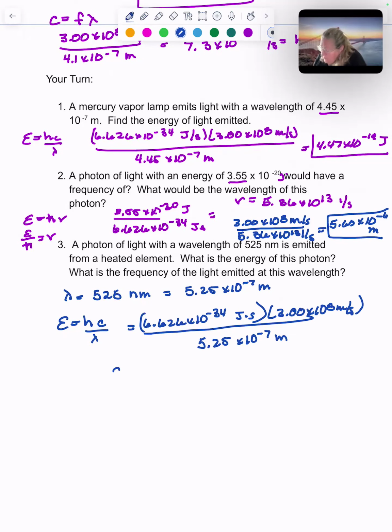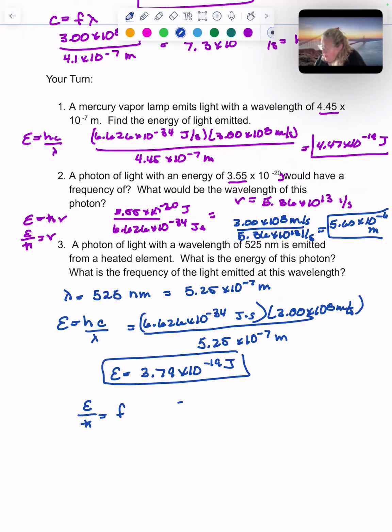This is going to come out with an energy of 3.79 times 10 to the minus 19 joules. Okay, so there's one of our answers. If energy divided by Planck's constant gives me my frequency, I'm going to take 3.79 times 10 to the minus 19 joules divided by my Planck's constant, 6.626 times 10 to the negative 34 joule seconds.